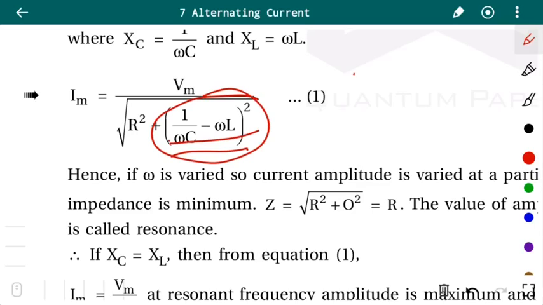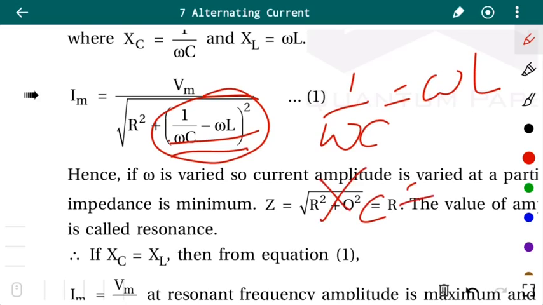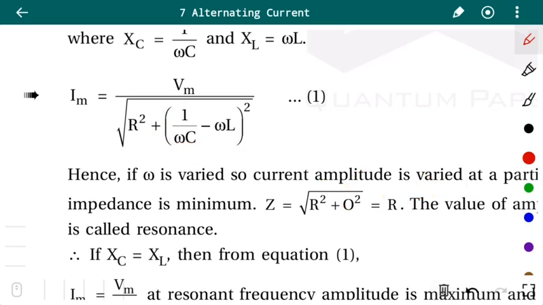So we can say 1 upon omega C equals omega L, so that when we take the difference, its value will be 0, and in the denominator we will be getting just R. So 1 upon omega C equals omega L, or we can write it as Xc equals XL. So when we write this, we get Im equals Vm upon R, because now Z is equal to R.